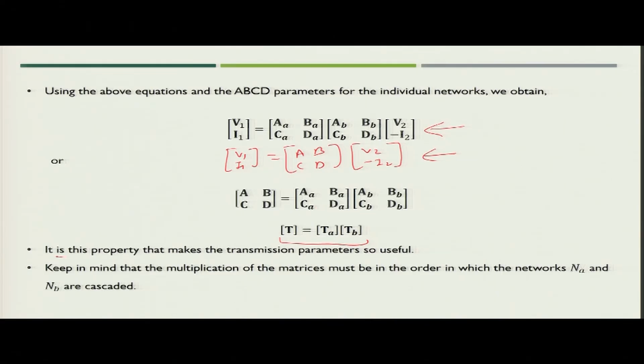This is a very important property for the cascaded network. That is why it makes the transmission parameters very useful in the case of cascaded networks.